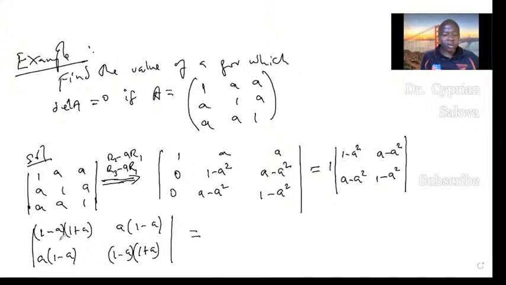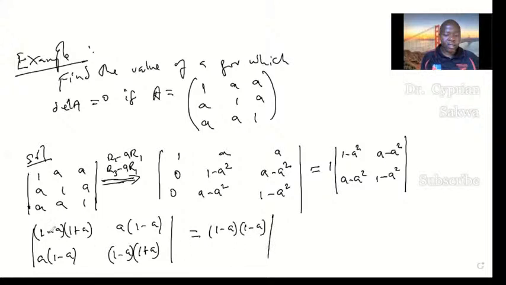Now what you notice here is that along this column, 1 minus r is common, so we can factor it out. 1 minus r is common in this column, so I factor it out. And along this other column, you realize that also 1 minus r is common. So I can also factor it out.